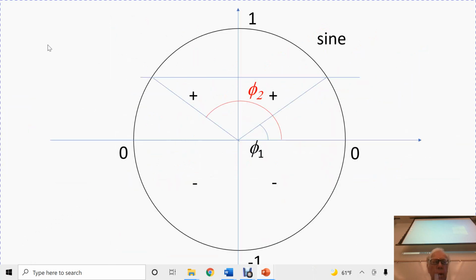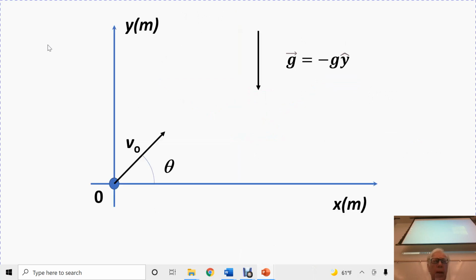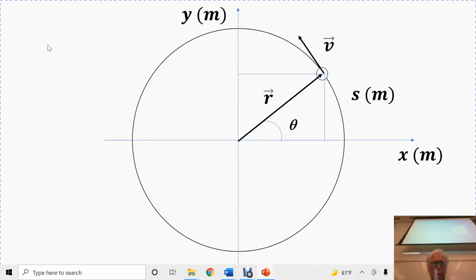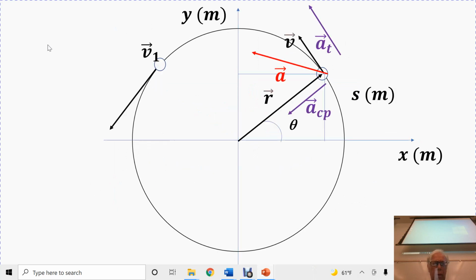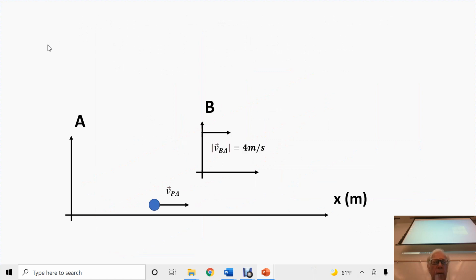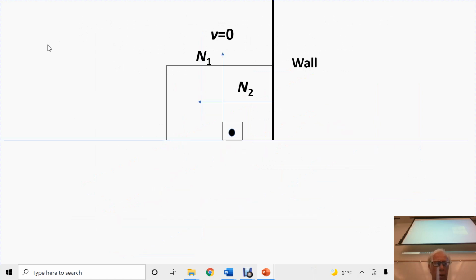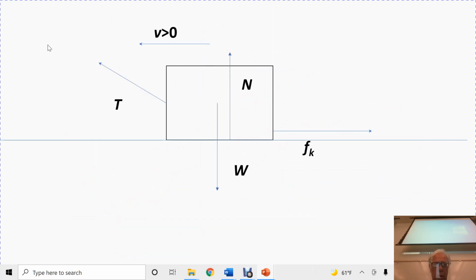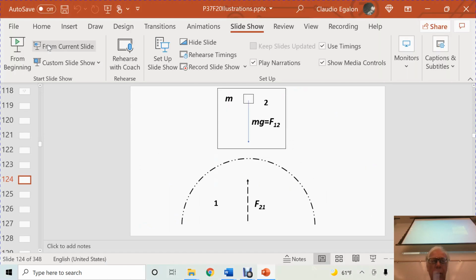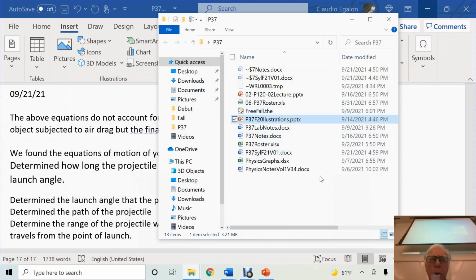Okay, let's see here. Projectile, right in here. See that? The drawing of the projectile. This is something else. Oh, I don't have more drawings, huh? What a shame. Let me see if I have somewhere else. Yeah, I don't have drawings of projectile here. Might be in another document. Here, must be in this one.